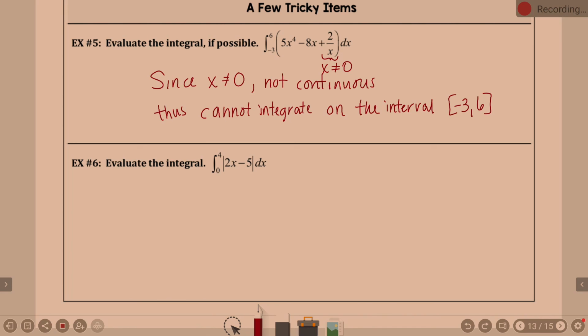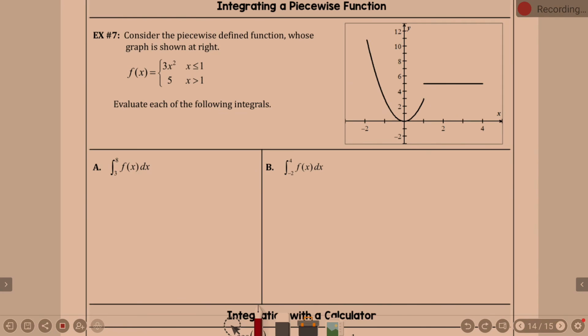There's one other piece I wanted to jump to and talk about real quick. On this one, we have a piecewise function here, right? This piece over here is 3x squared, y equals 3x squared. This piece over here is y equals 5.